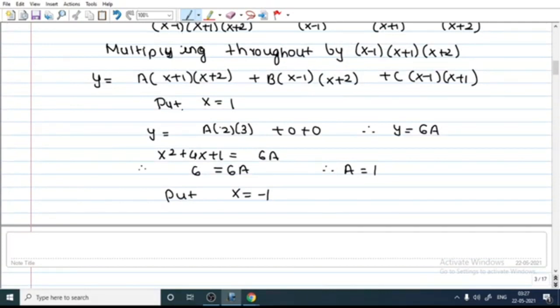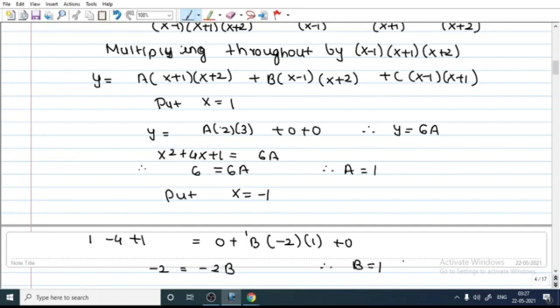So I will be left with finally b minus 2, and here 0 plus 0, and here it will be minus 1, this will become 1 minus 4 plus 1, which will end up giving me minus 2 equals minus 2b, therefore b equals 1.